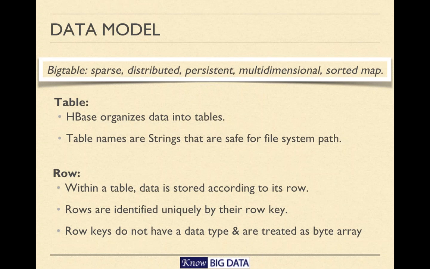Sorted means this map is ordered by the key, not the value. Multidimensional, as in the value could have more and more columns. It's persistent, meaning it's saved onto disk. It's distributed because it's on many region servers, and it's sparse because all the rows don't need to have the same number of columns.